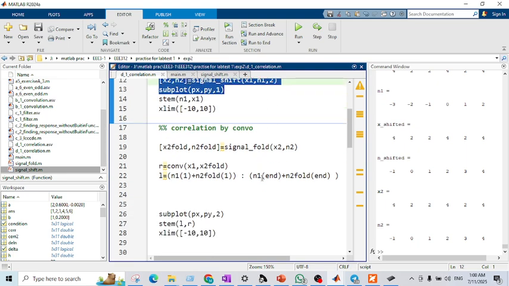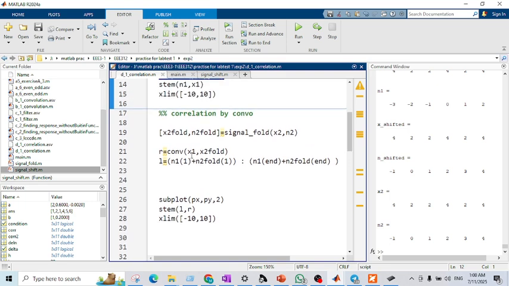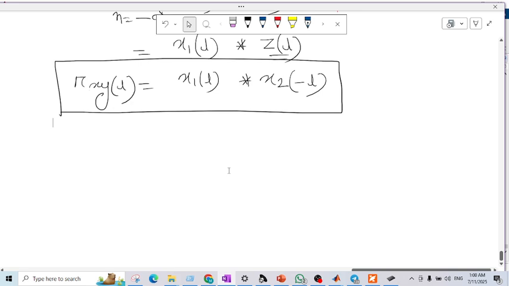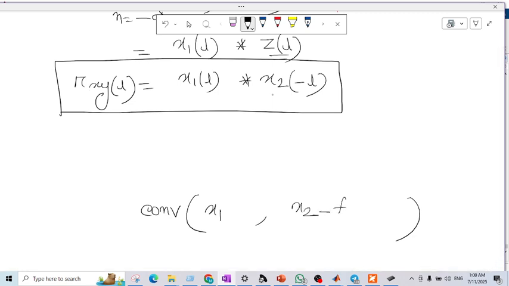Now first of all, you see that I have to make a convolution of x1 and not x2, but the folded version of x2, right? The folded version of x2, that means x2 of minus L. So what can we do?